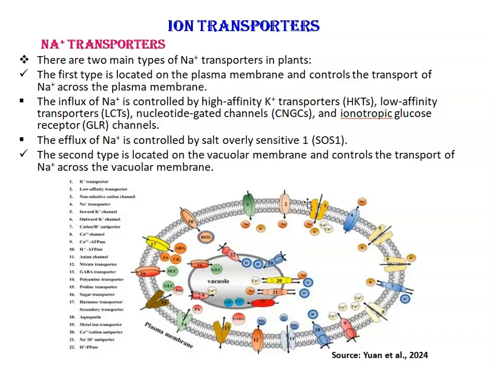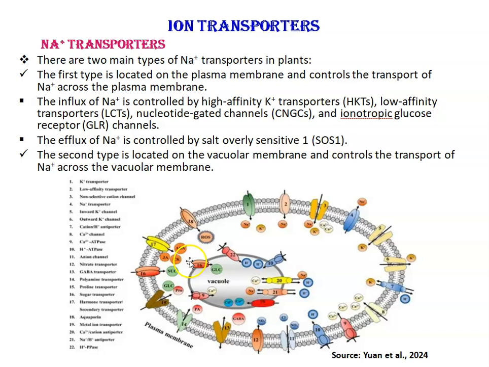The efflux of sodium ion is controlled by salt overlay sensitive 1, SOS1. SOS1 is a sodium hydrogen ion antiporter pathway. They control the transport of sodium from the cytosol to vacuole through the exchange of sodium and protons.